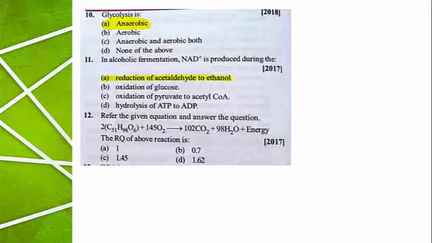Then moving to the next one, refer to the given equation and answer the question. Just now we discussed this in respiratory quotient. The chemical formula given, C57H110O6 with the consumption of 145 molecules of oxygen, releases 102 molecules of carbon dioxide, 98 molecules of water and energy.